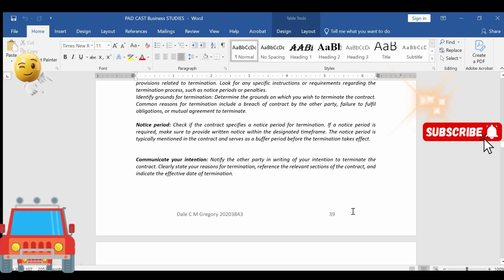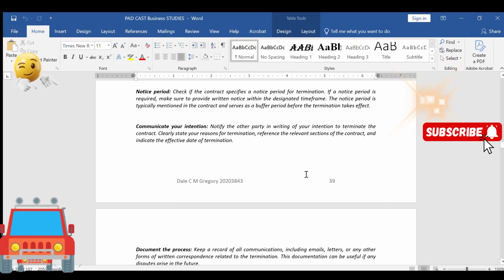Check if the contract specifies a notice period for termination. If a notice period is required, make sure to provide written notice within the time frame. The notice period is typically mentioned in a contract and serves as a buffer period before the termination takes effect.